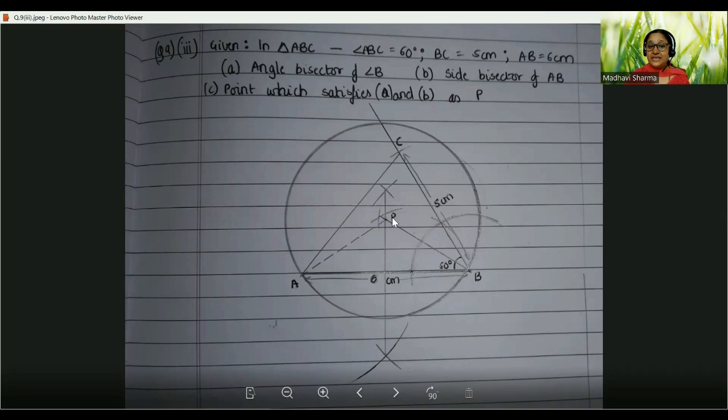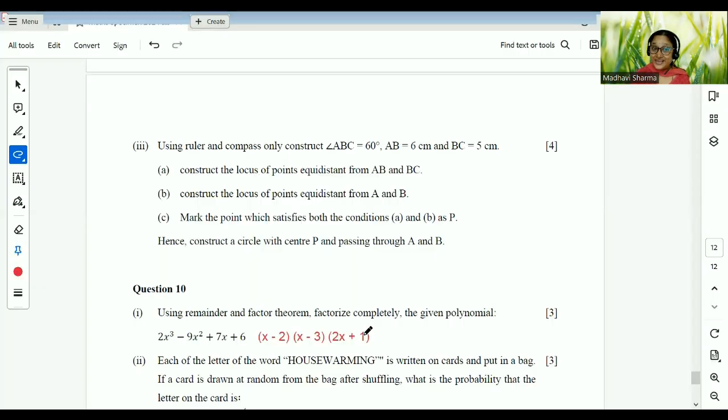Then the perpendicular bisector of AB. And the point which satisfies both is P. Taking PB or PA as the radius, you can draw the circumcircle. Let's go ahead.